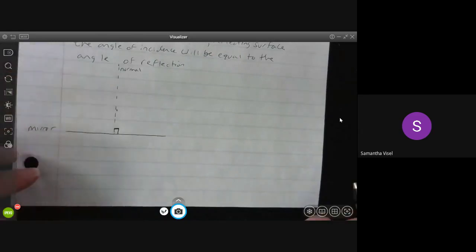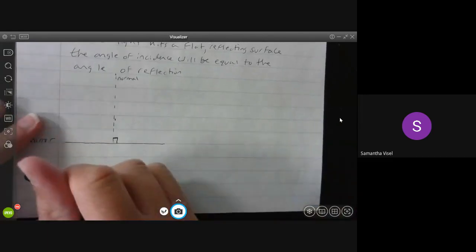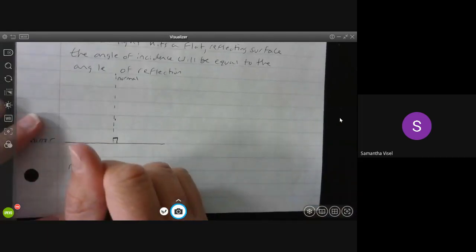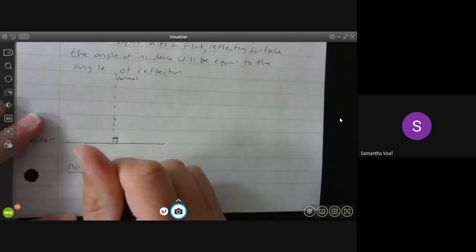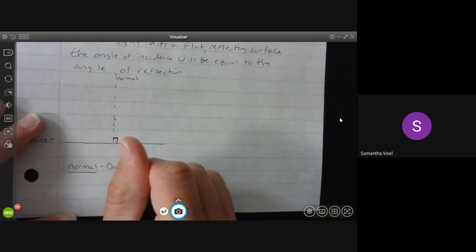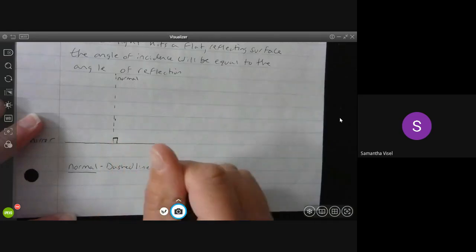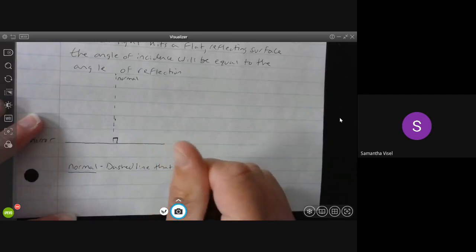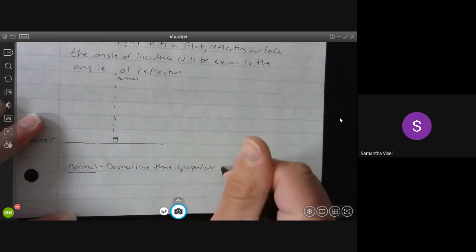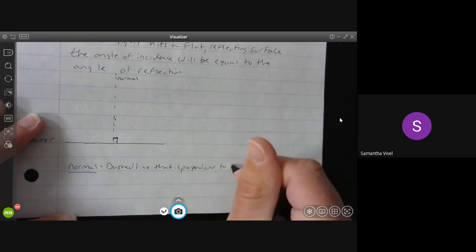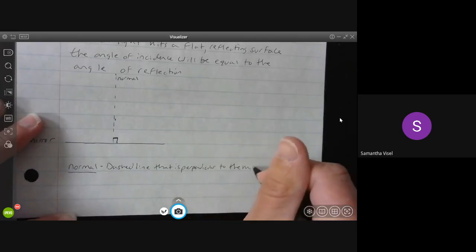Now let me take a second to define this term here. So what our normal line is, this is a dashed line that is perpendicular to the mirror surface.